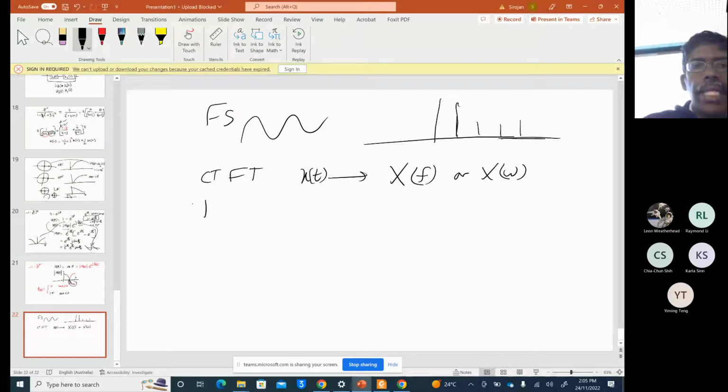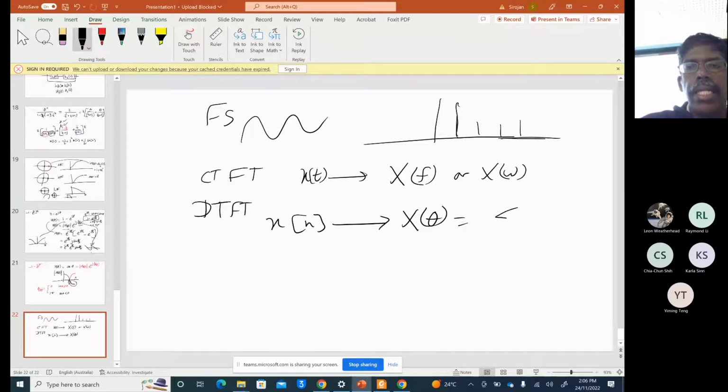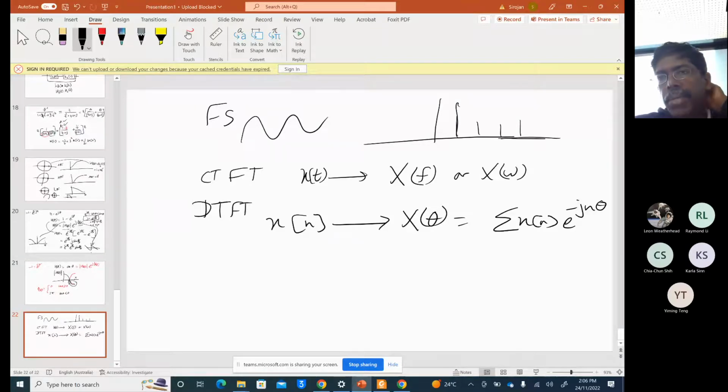When we are studying the discrete time Fourier transform, it is from x[n] to X(theta). So X(theta) equals the sum of x[n], you know the equation, e to the minus j n theta. Here this is X(theta), and remember this theta is actually a continuous variable.